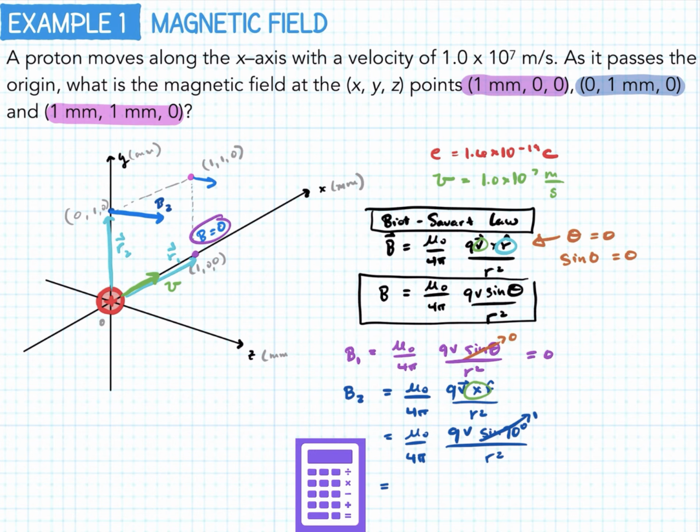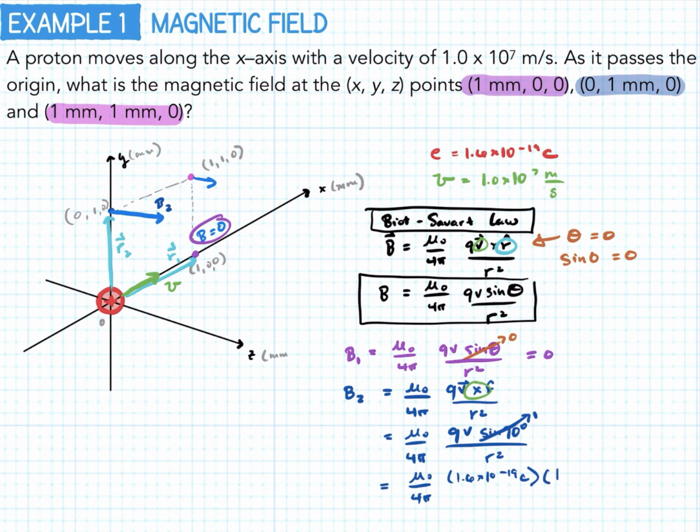So now we can actually plug in numbers for this one. Mu naught, I'm just not going to write that out. But we get Q, which is 1.6 times 10 to the negative 19 coulombs. We have V, which is 1 times 10 to the 7th meters per second. And then we have R, which is 0.001 squared. Okay, I'm going to move some of this stuff up so we get it out of the way.